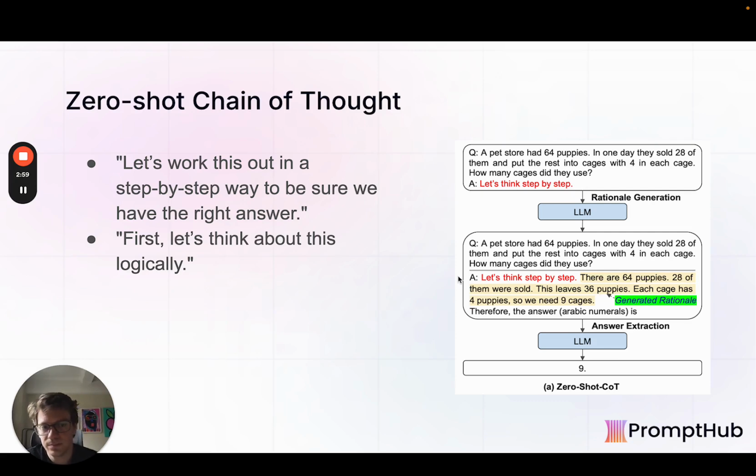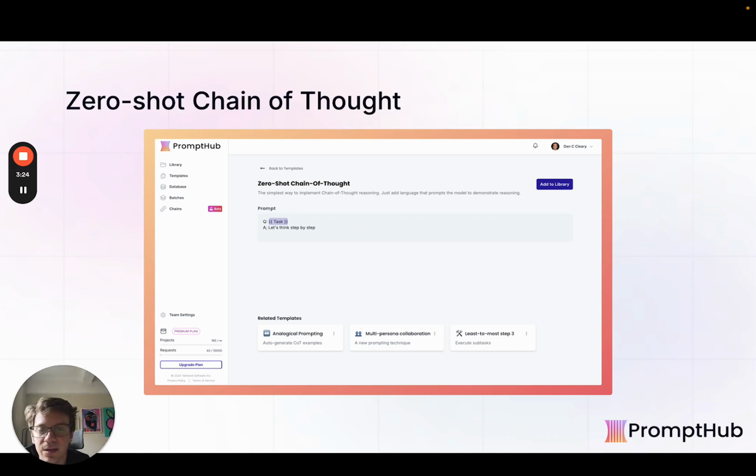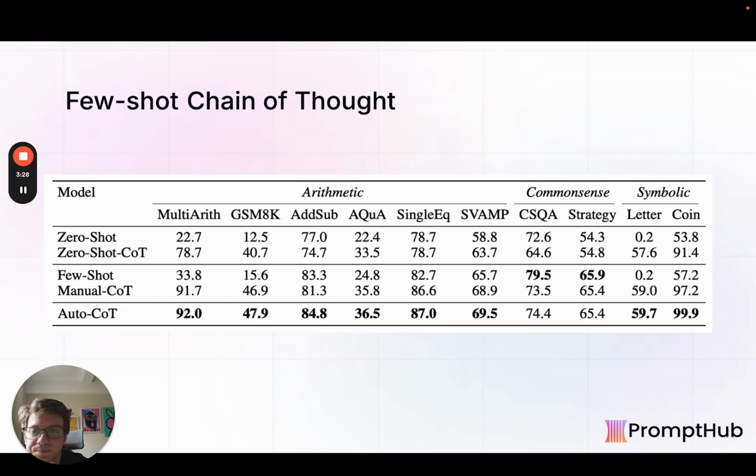This text itself can take a lot of different shapes. There's a paper that tested a bunch of these different small pieces of prompt text, and one that they found worked really well for some of the Google models was "take a deep breath and work through this step by step." So there are all these little variants you can try, including these two on the left. And we have a very small template in PromptUp, which will be linked below.